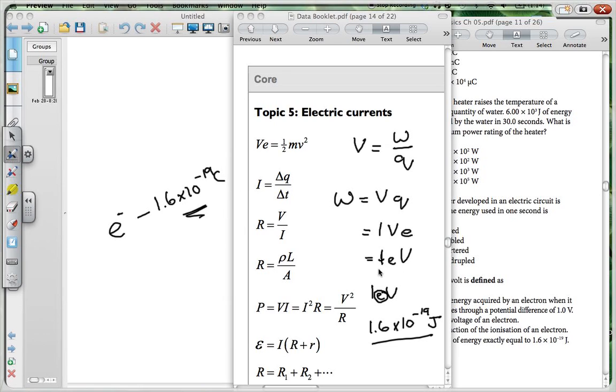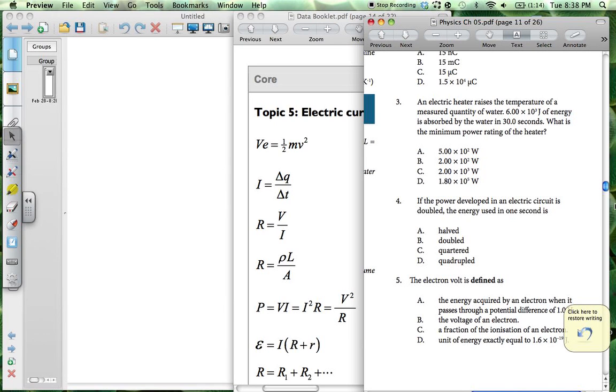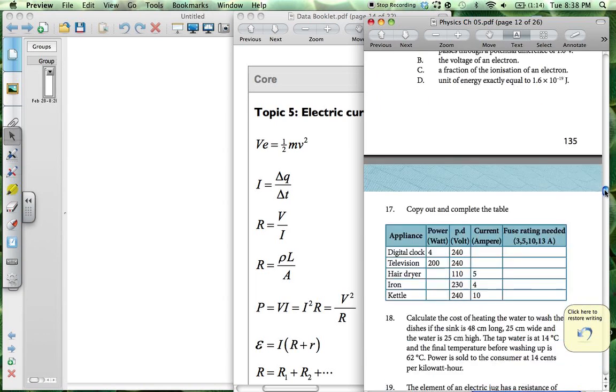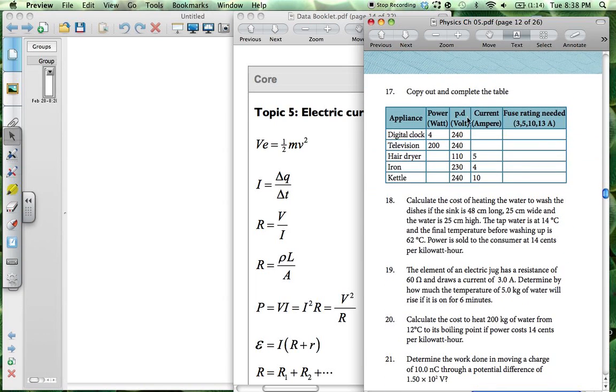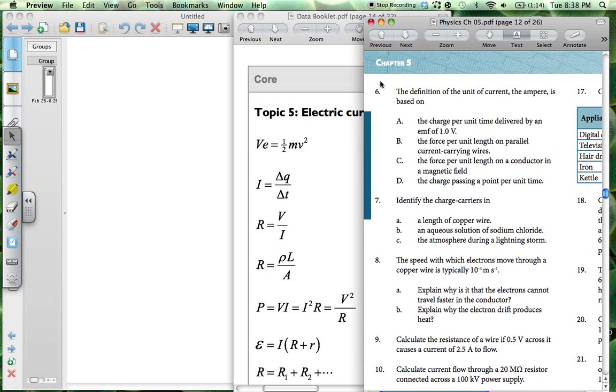We often just leave it as an eV. Fine, so that's question 5. Going over the page, we're going to question 6.